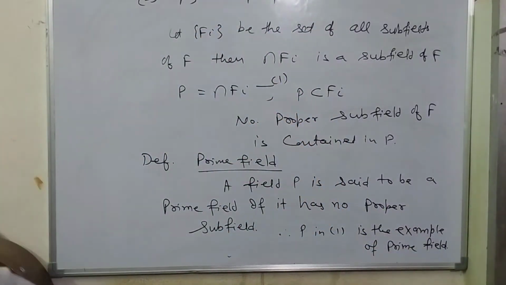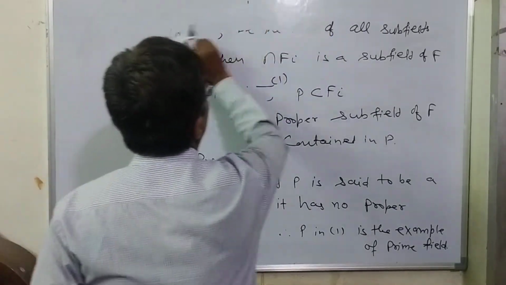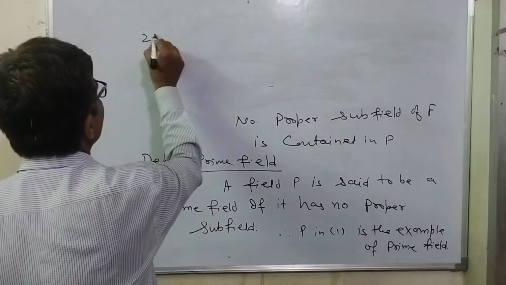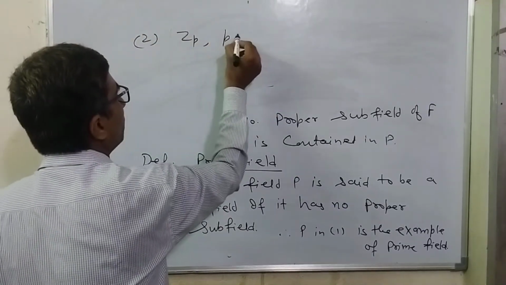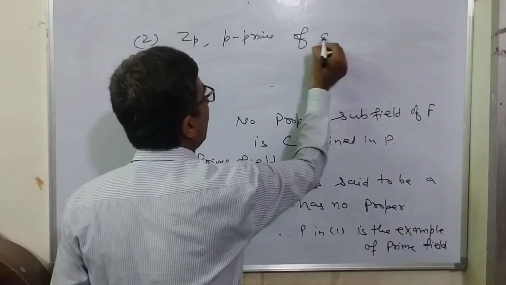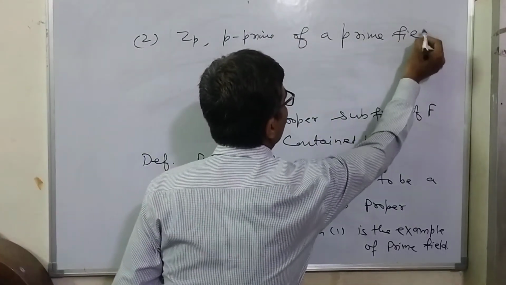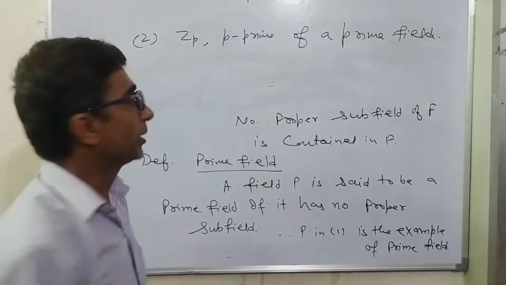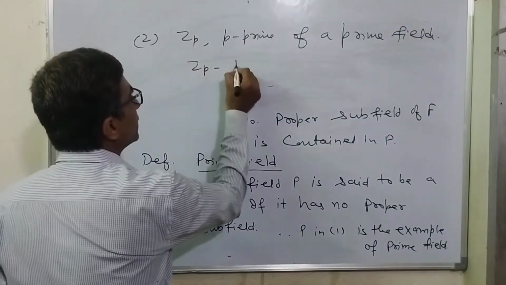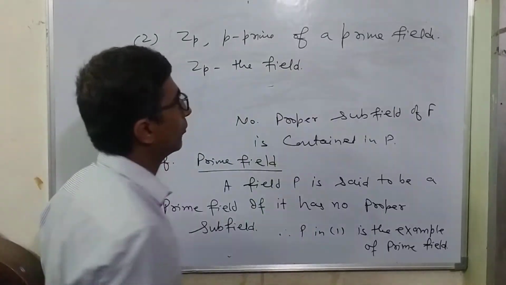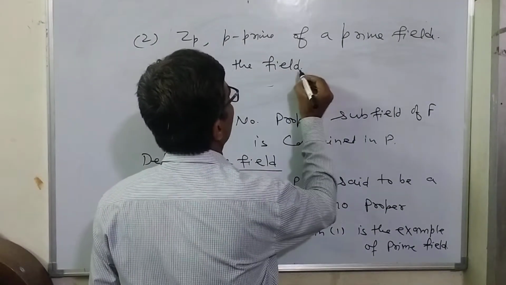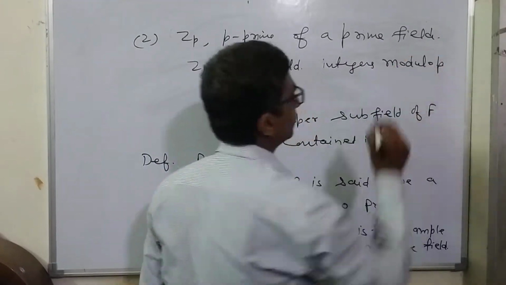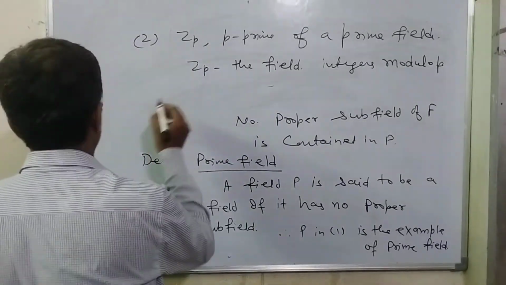This is an example of a prime field, because we know that Z_p is the field of integers modulo p.